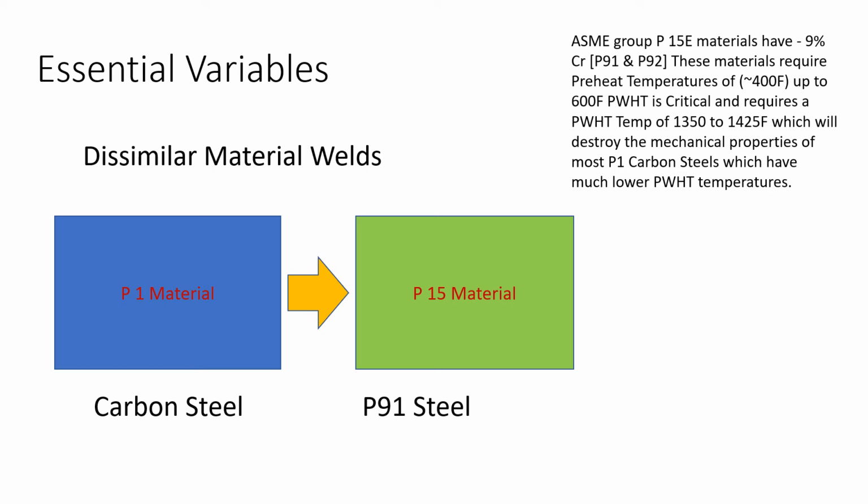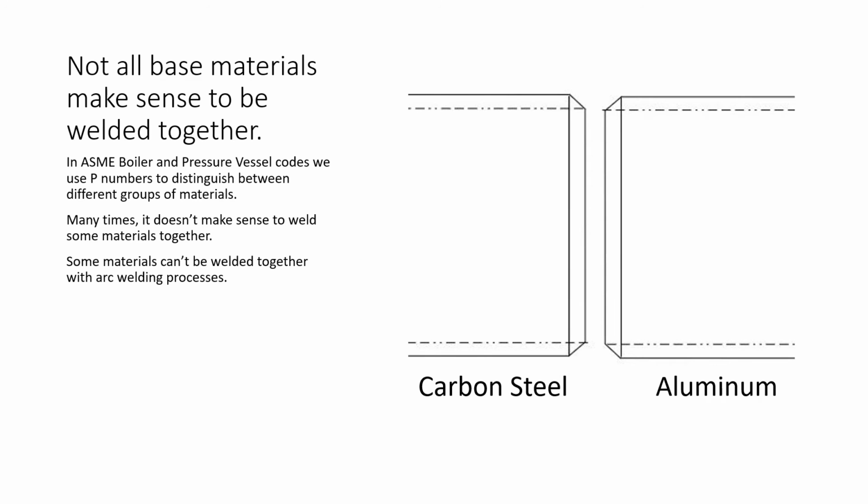And there's no one source. Sometimes it takes years to accumulate this knowledge. Hey man, this isn't a good idea. And it requires reading and acquisition of some information. And like the previous slide, the boiler and pressure vessel code, we've got P numbers that tell us what the different groups of material are, but some things you just can't weld together with arc welding.